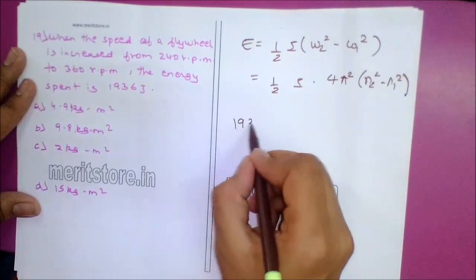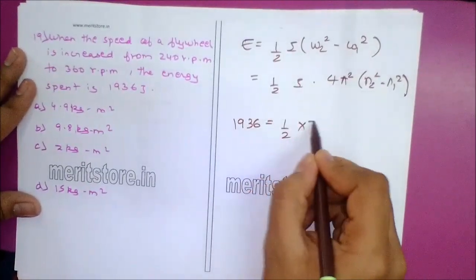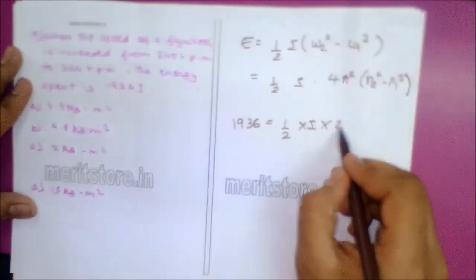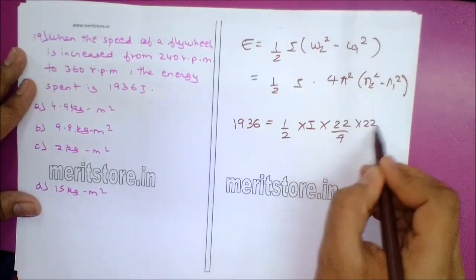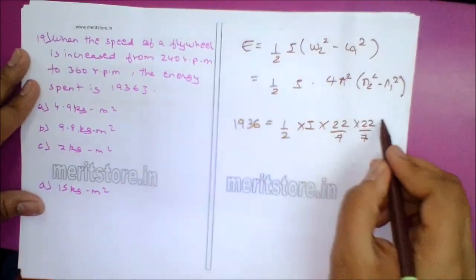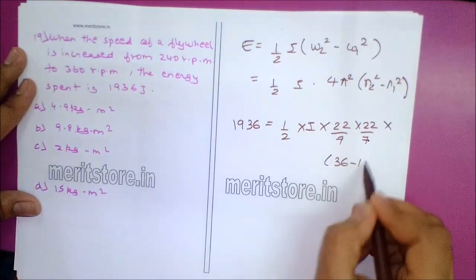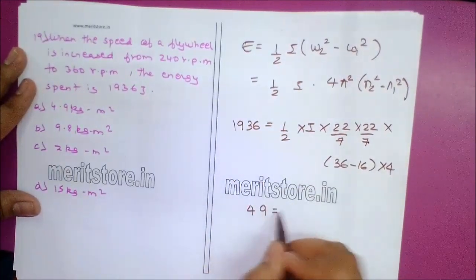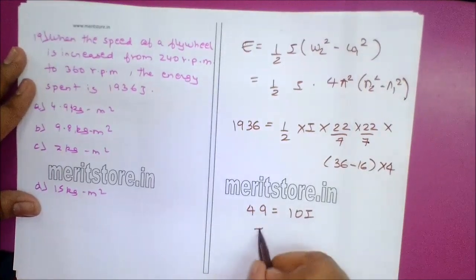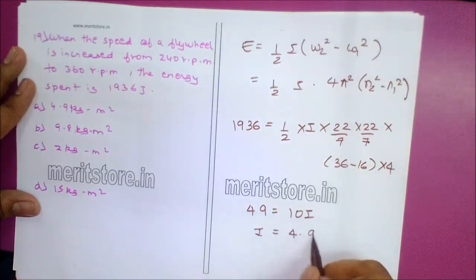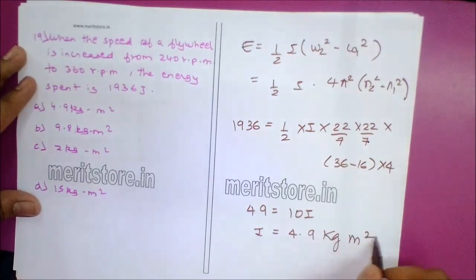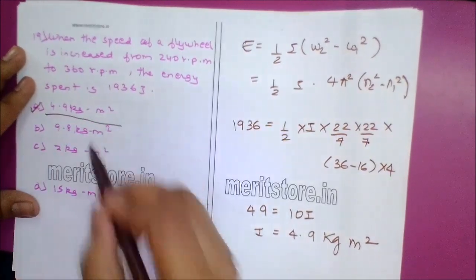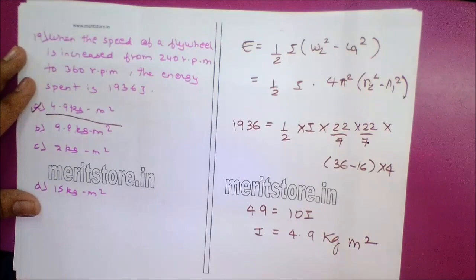So 1936 is equal to half into I multiplied by pi square, which will be written as 22 by 7 into 22 by 7, into 36 minus 16 into 4. So we get 49 is equal to 10I. So the value for I is equal to 4.9 kg meter square. So option A, 4.9 kg meter square, is the correct answer.